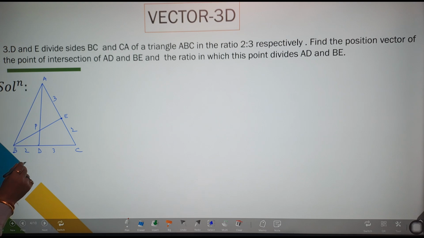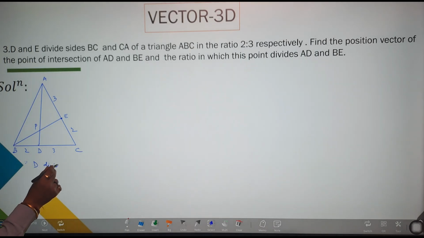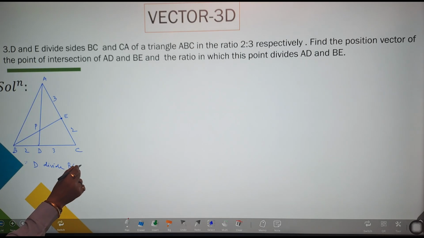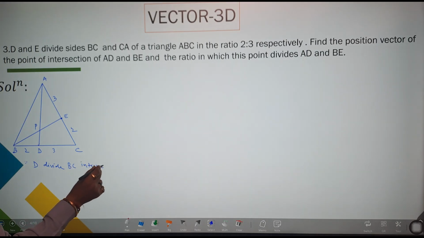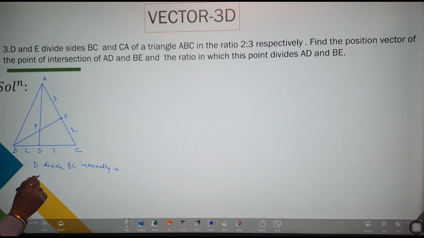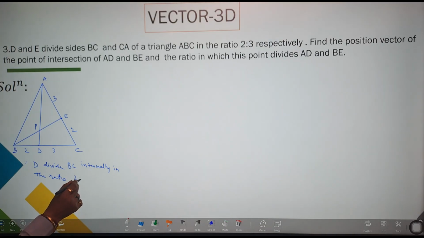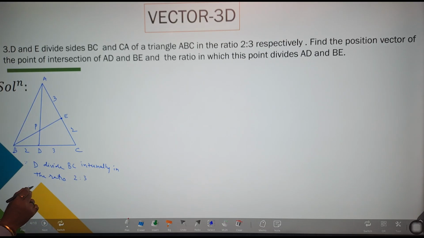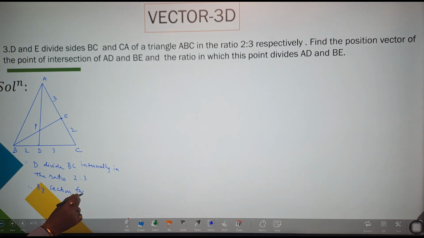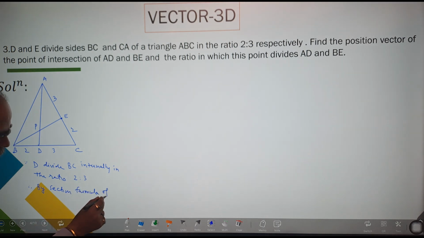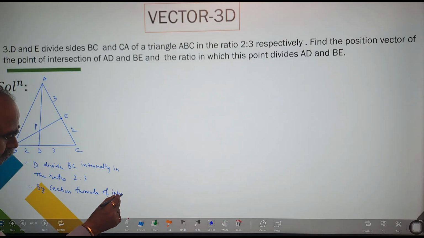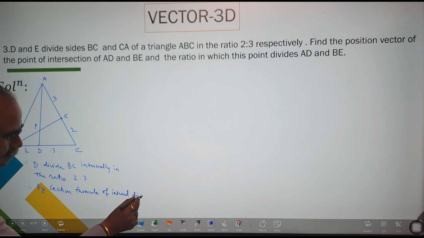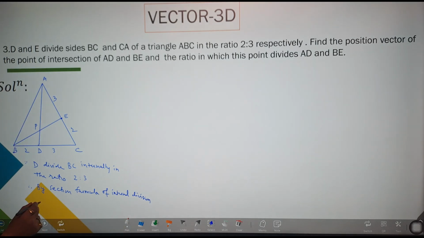Since D divides BC internally in the ratio 2:3, therefore by section formula of internal division, D bar is what?